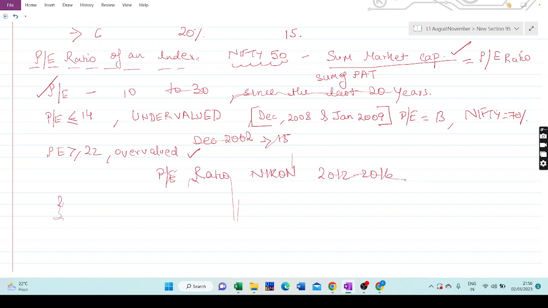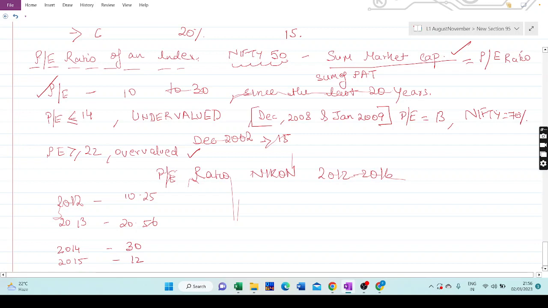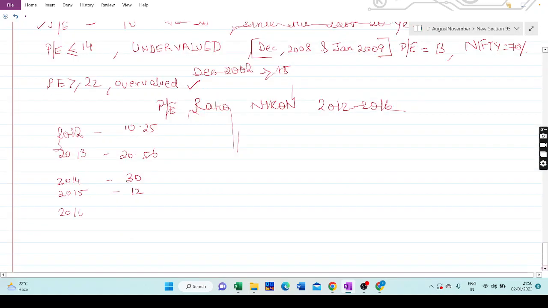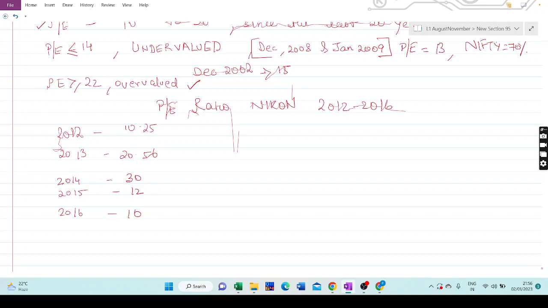In 2012, the P ratio of Nikon was 10.25. In 2013, it was around 20.56. In 2014, it was around 30. In 2015, it was around 12. And in 2016, it was 10.